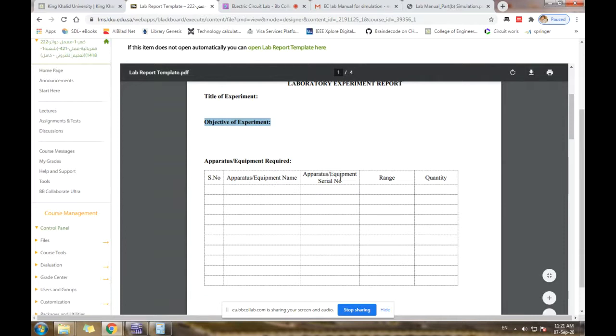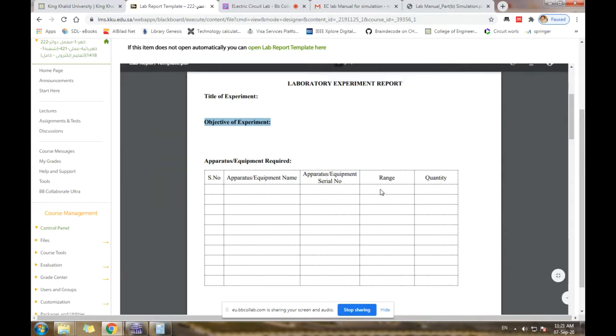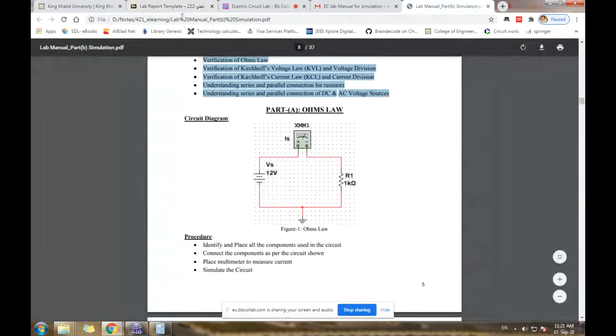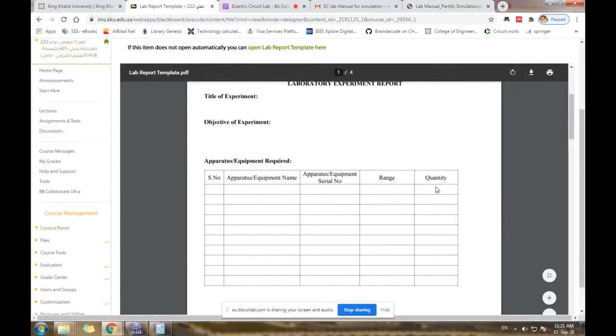The apparatus serial is not needed for you. What is the value or range? 12 volts, so you should write 12 volts. How much quantity? You have used only one, so you should write one. Like this you should complete for all: Ohm's law, Kirchhoff's voltage law, Kirchhoff's current law, series and parallel.